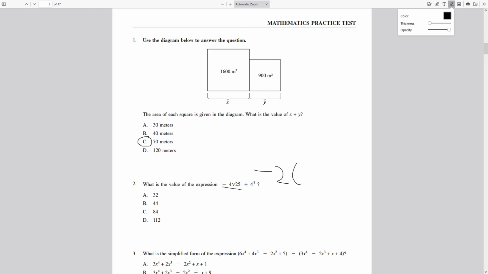Negative 20 plus 4 cubed, which is 4 times 4 is 16. Well, 16, 32, 48, 64. Yeah, I knew that. It was 64. So this equals 44.